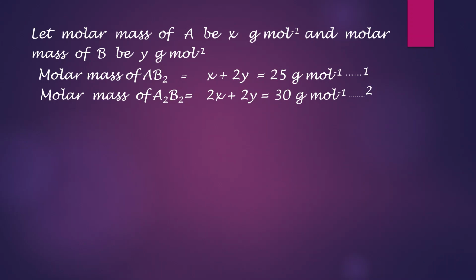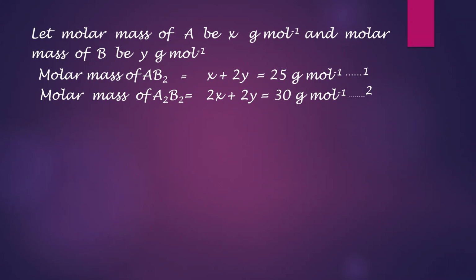So we can write the molar mass of AB2 as x + 2y = 25 gram per mole, because one molecule of AB2 contains one atom of A and two atoms of B. We can get the molar mass of any compound by adding the molar masses of the individual atoms present in one molecule of the substance. So here one molecule of AB2 contains one atom of A and two atoms of B, so multiply these numbers of atoms with the molar masses of A and B.